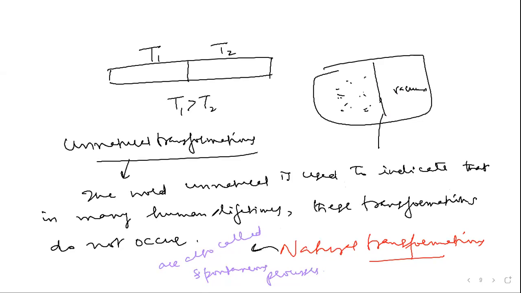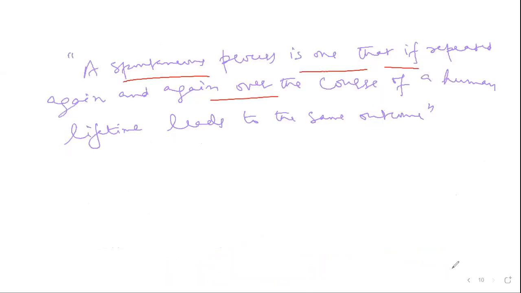We're only saying that the probability of occurrence for these unnatural processes is exceedingly small. And the probability of occurrence for these natural transformations, or spontaneous processes, is exceedingly large, very large, right?